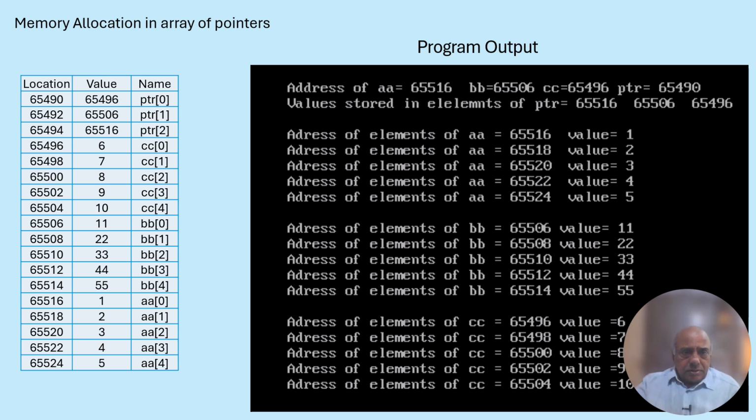Then CC subscript 1 has the value stored as 7, and this 7 is stored at the address 65498. In this way, we can find out how the memory is used for storing the ptr array, the CC array, the BB array, and the AA array.